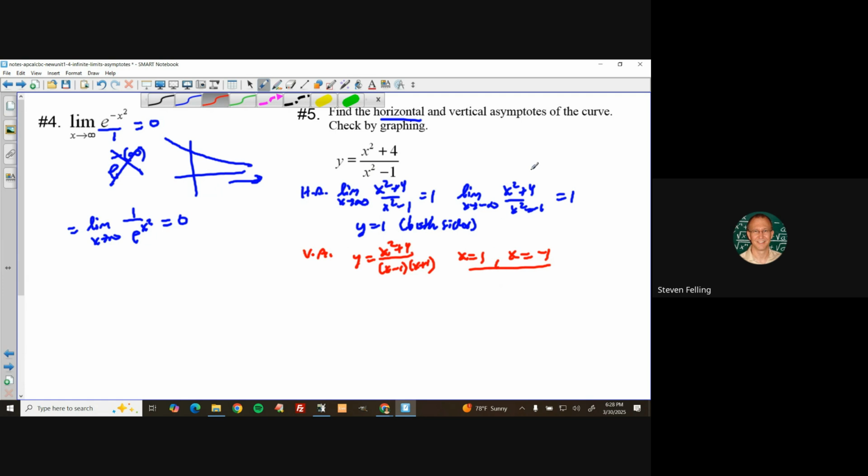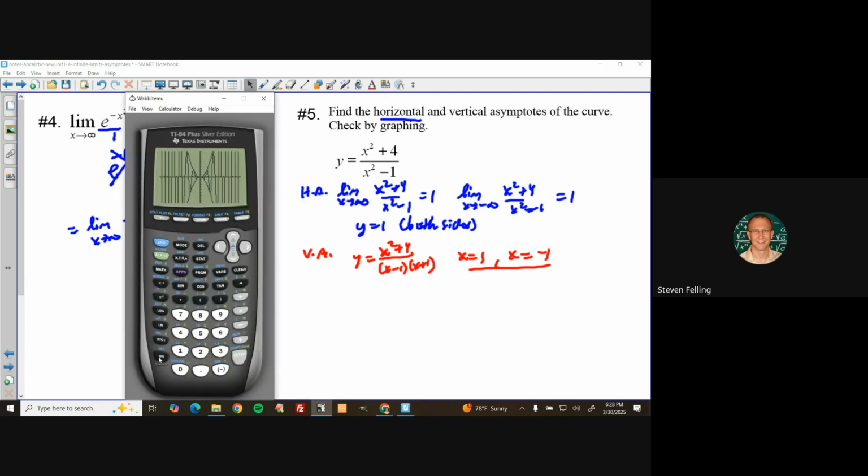Now this just said to find those, so we're going to stop right there, but I think we'll go ahead and throw this into a calculator to graph it just to see whether or not we got this correct. If I go here and clear out these graphs and put parentheses x squared plus 4 divided by x squared minus 1, and graph that, let's just do zoom 6 to start.